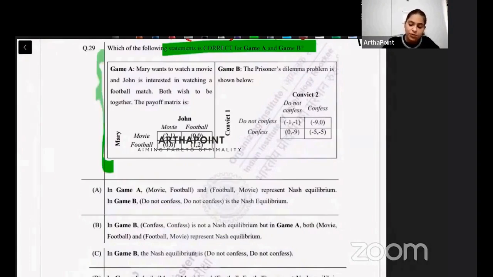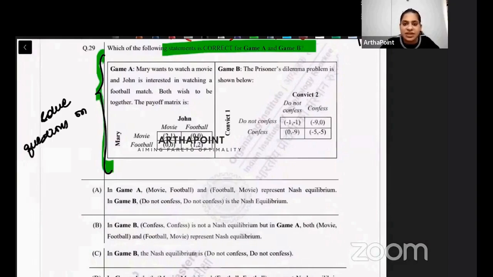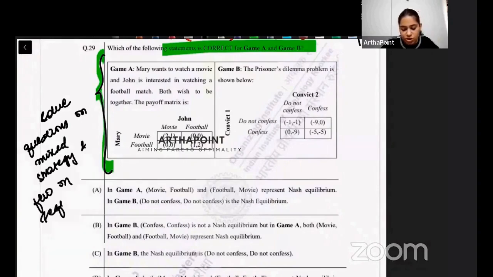So please go ahead and solve a few questions. Because simultaneous came this time, you should solve a few questions on mixed strategy equilibrium and a few on sequential games. That's all you need to do, right?